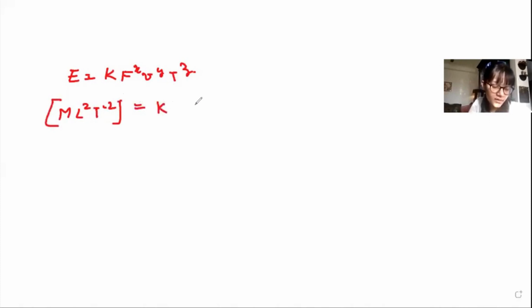I accidentally wrote the dimension of velocity as L T to the power minus 2. Okay. So force is M L T to the power minus 2, raised to the power x, and we have velocity too. What is the velocity expression?